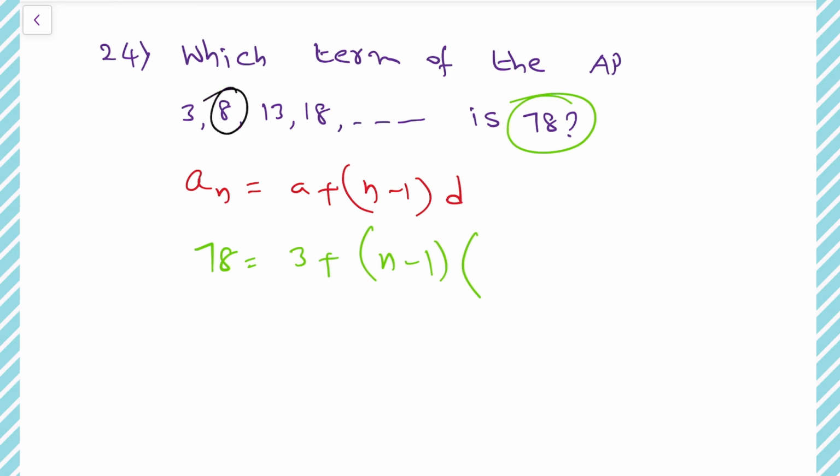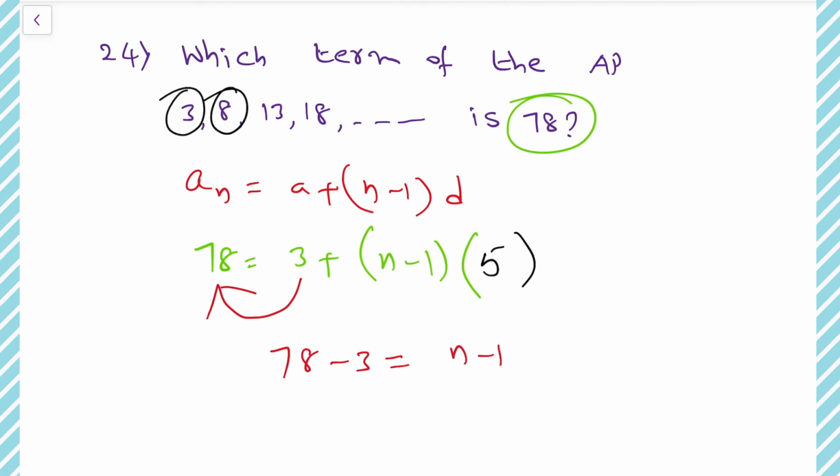Here the second term is 8, the first term is 3, 8 minus 3, so the common difference will be 5. Now I am taking this plus 3 to the left side, then it will become minus 3. 78 minus 3 is equal to n minus 1 into 5.